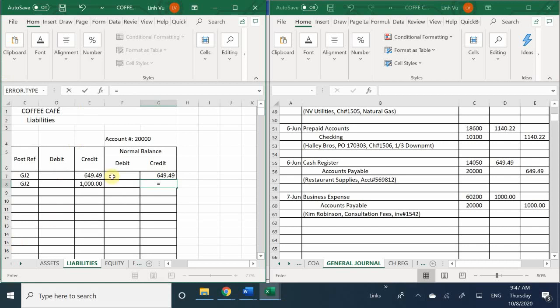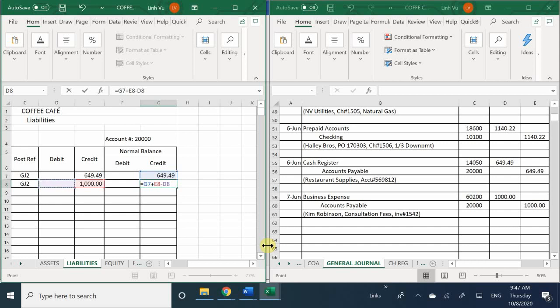I'm going to click the cell right above it. That's taking my previous balance, and I'm going to add my credits, and I'm going to subtract any debits. So in this case, you're going to add left 2, and you're going to subtract left 3.